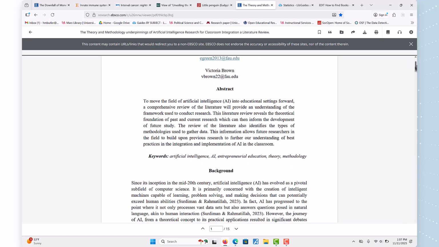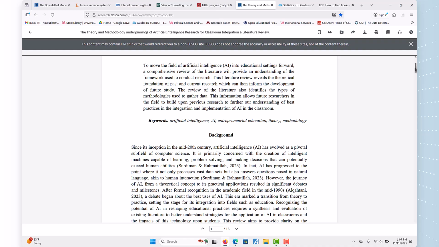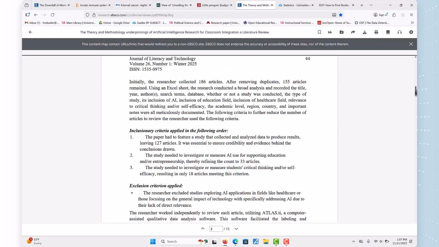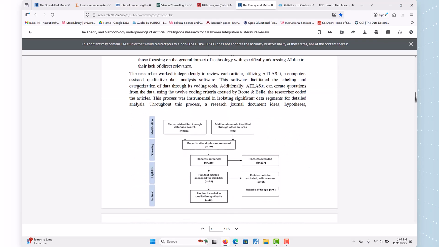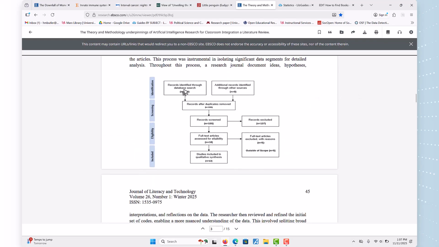It does reach the same standard of being a research article because it's done very formally. It's very structured. We can see that it has all of these parts where they tell you their process, where they decided which articles they would be reviewing and which articles they would be throwing out and not including in this final paper.